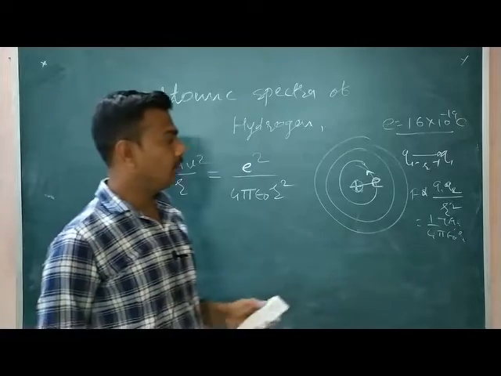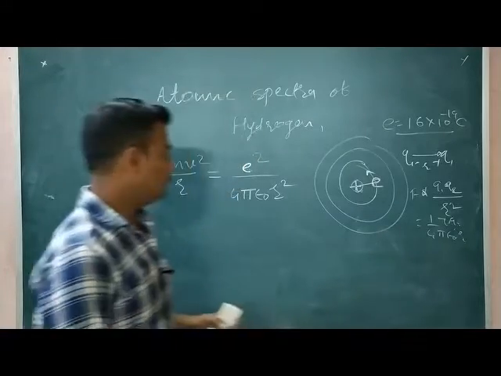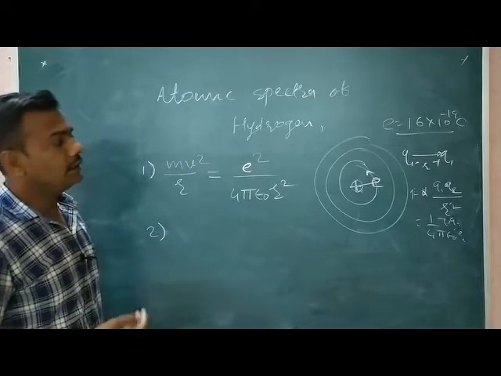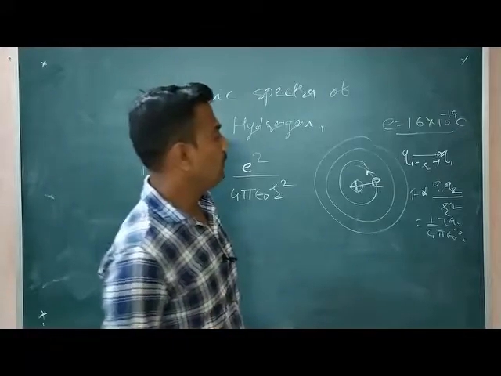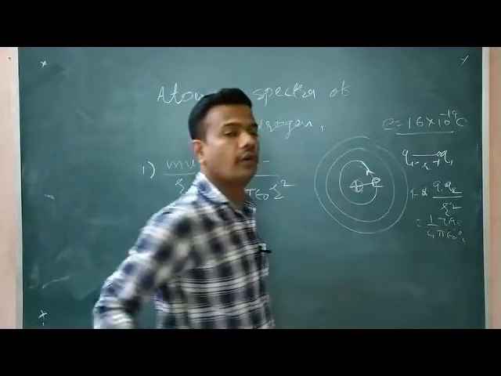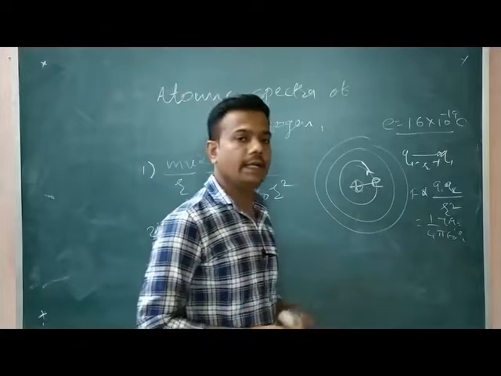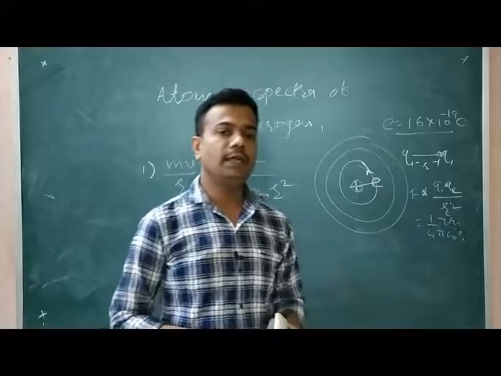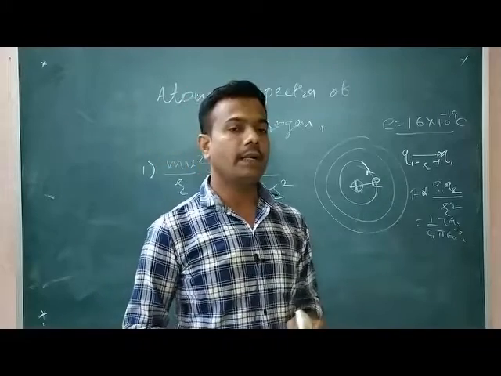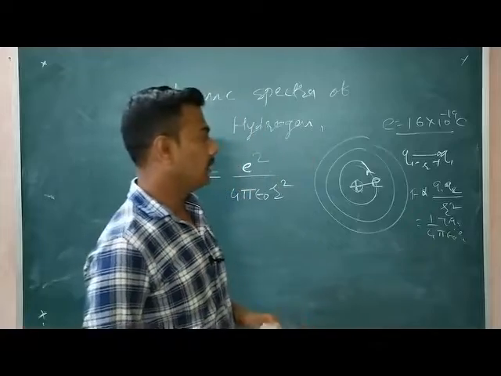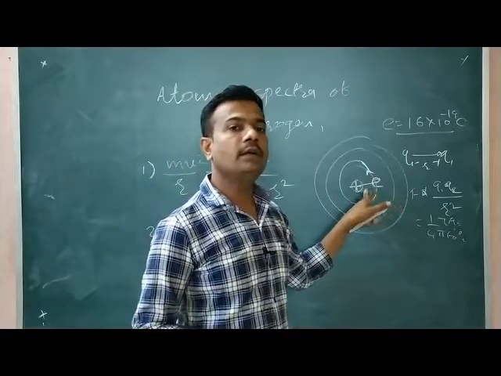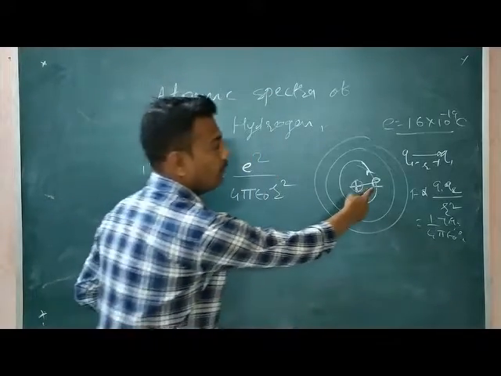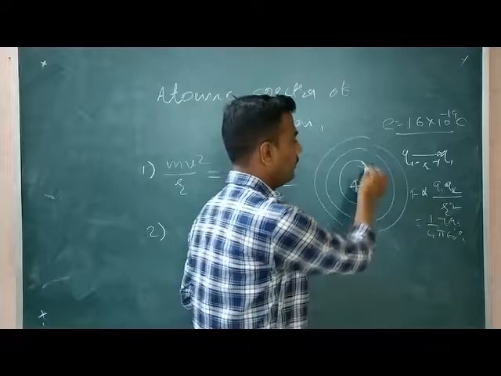The second postulate tells us that the electron revolves in those orbits, without radiating energy, for which the angular momentum of the electron is an integral multiple of h divided by 2 pi, that is, nh divided by 2 pi. What is the angular momentum of the electron?